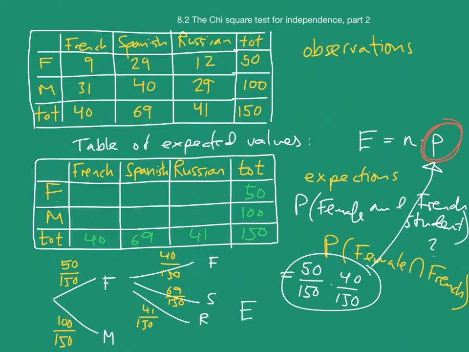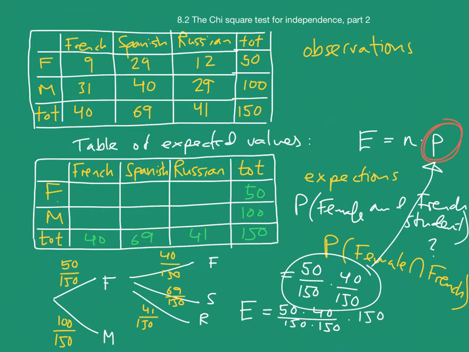So the expected value is going to be the probability, that's 50 times 40 divided by 150 divided by 150, and then multiplied with the number in the sample, which is 150.